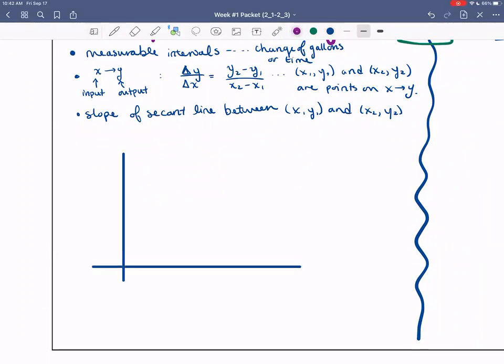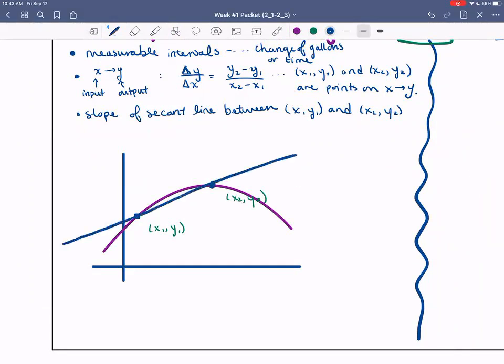Suppose our graph looks like the following, and we have two points here. Say this is our first point, and this is our second point. In coordinates, this would be x1, y1 and x2, y2. Our secant line is just a line going between those two points. Then the slope of this line would also be this quotient, the change in y over the change in x.